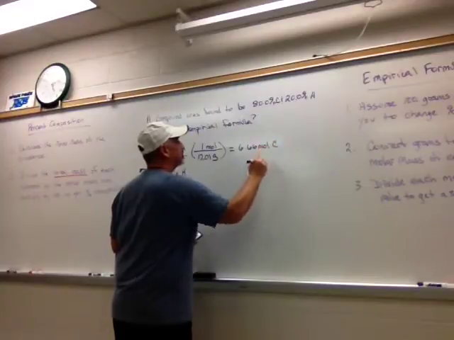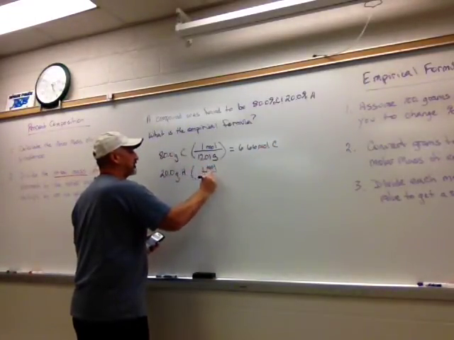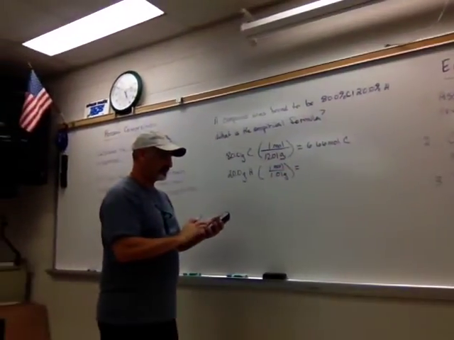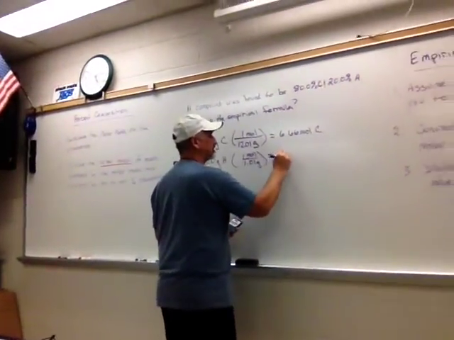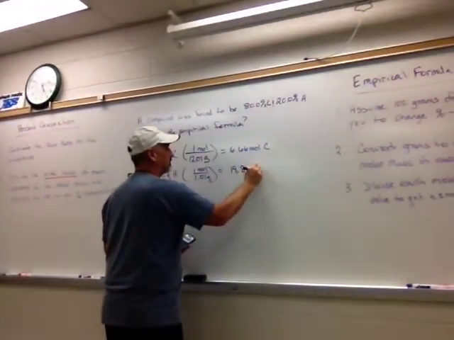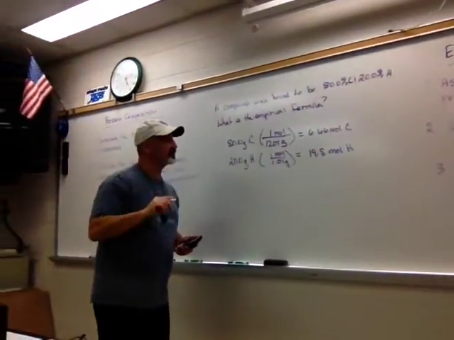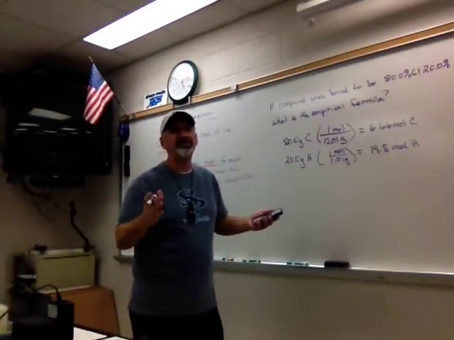So I have 6.66 moles. I do the same thing for the hydrogen. 1.01 grams. So 20 divided by 1.01 is equal to 19.8 moles of hydrogen. Now I have a mole ratio, but it is not a small whole number ratio. So I have to figure out my small whole number.